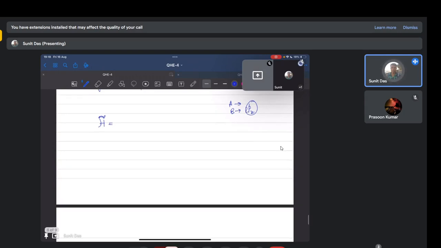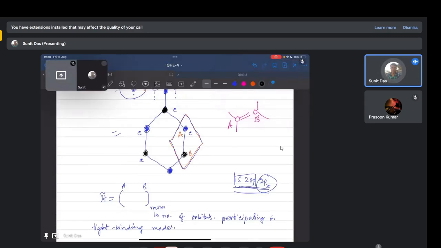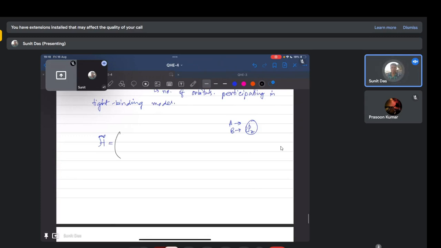Now for this 2pz in this unit cell, one is this pz orbital and another one is this pz orbital, right? So one is the A type of pz orbital. Let me write A pz orbitals, although the notation is very confusing, and B type of pz orbitals corresponding to the B atom.